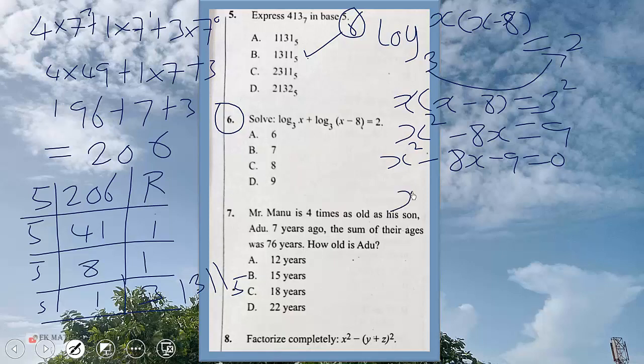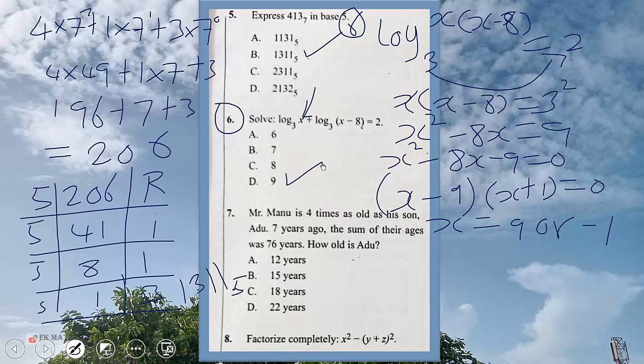So we get (x minus 9) times (x plus 1) is equal to 0. So x is either equal to 9 or negative 1. Since the logarithm cannot have a negative argument, the correct answer will be option D.